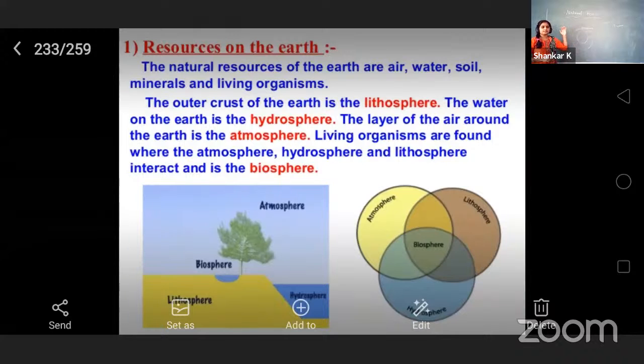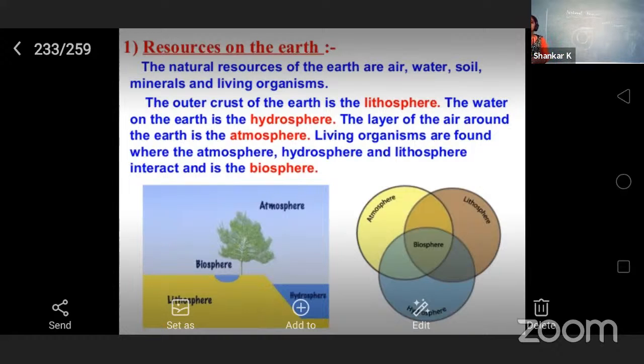Air has many gases like oxygen, nitrogen and carbon dioxide, isn't it? These are present in the atmosphere, so plants, animals and we all can live on the earth. So what is the atmosphere? The earth is covered by a thick layer of air. That is the atmosphere.